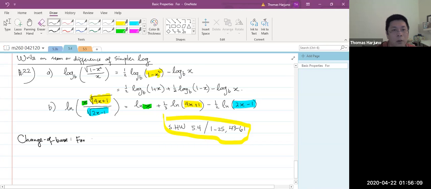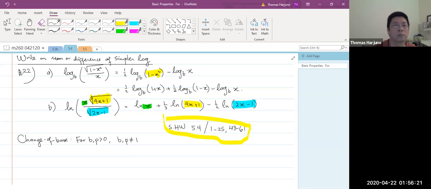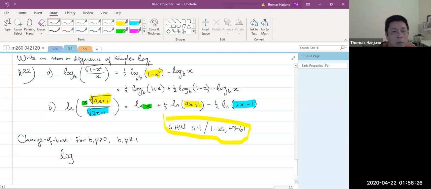For b and p greater than 0, b and p not equal to 1, we have the following: log base b of m, of course m also has to be positive, can be written as log base p of m over log base p of b.